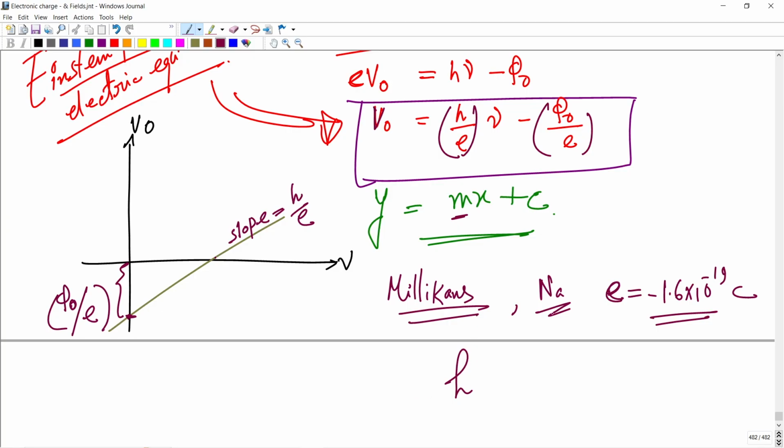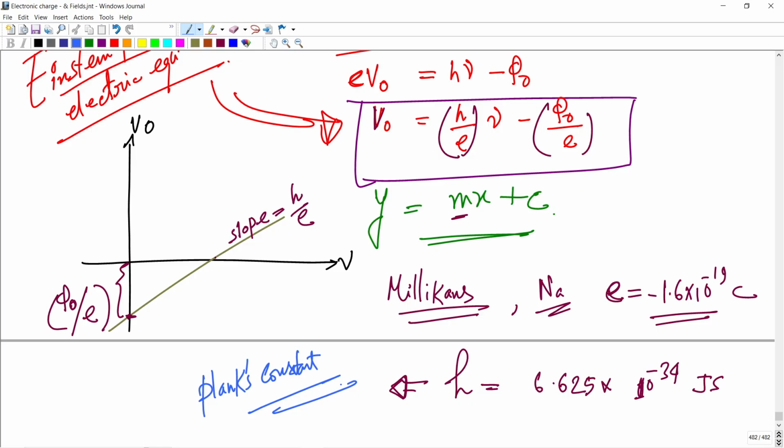But after some experiments, when he calculated the value of h, he got h equal to 6.6 times 10 to the minus 34 joule second. That is the original Planck's constant value.